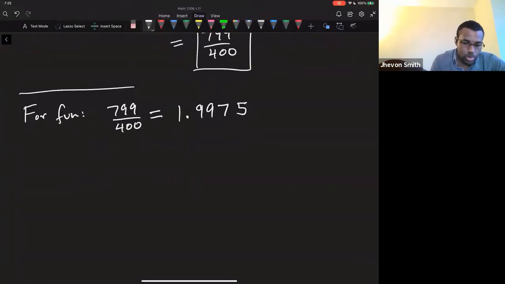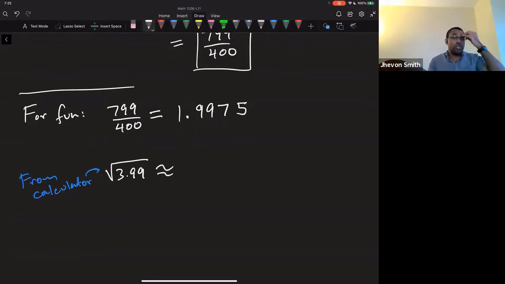Now, if I take the square root of 3.99 and use my calculator, this is a non-repeating decimal. It's going to go on forever, but let's see what the first few values are. 1 point, drum roll, 9. That kind of made sense because it should be close to 2.